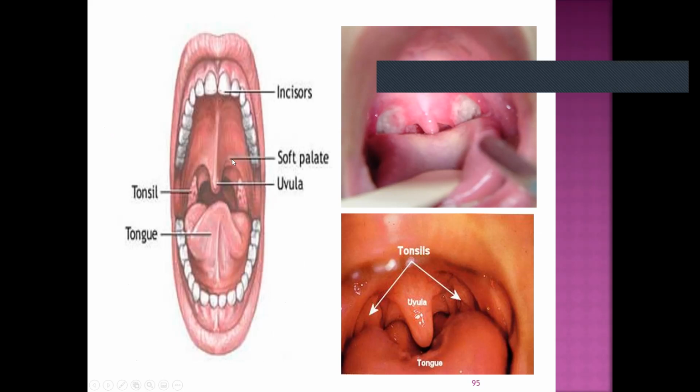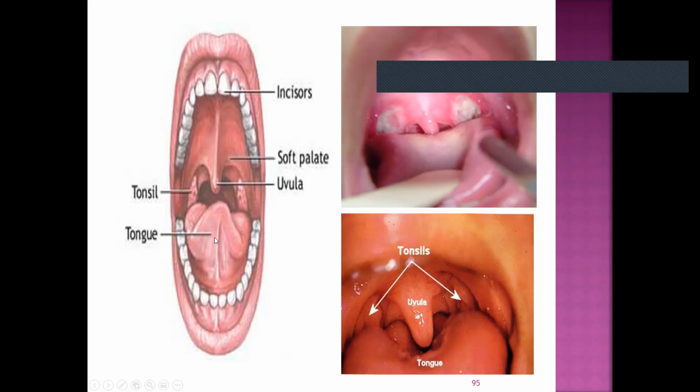These are soft. It's not supposed to be rough. It's not supposed to be so tender. Now, this is your tonsils. Those with exudates are closing your airway here, and that is so dangerous.